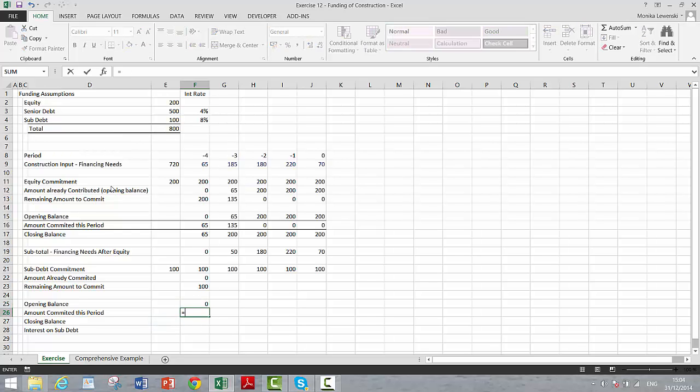And the amount committed this period is the minimum of this number or that number. Well, we have nothing to put in, so it better be 0. The closing balance is the opening balance. Is all equal. And we'll put our interest rate on our subdebt in.